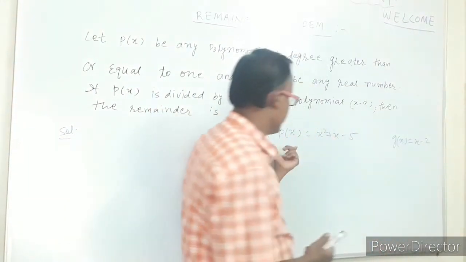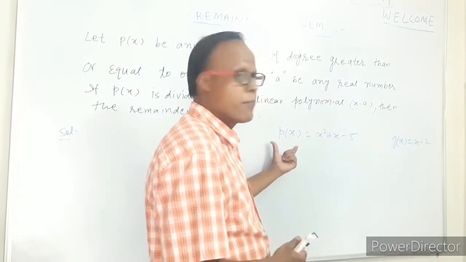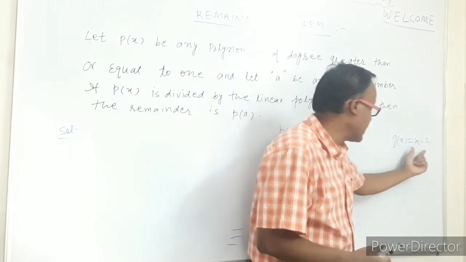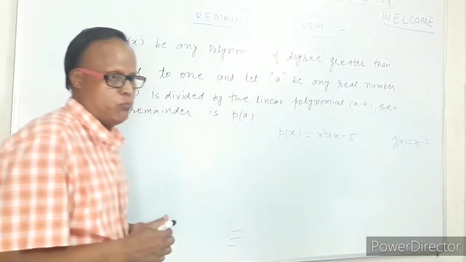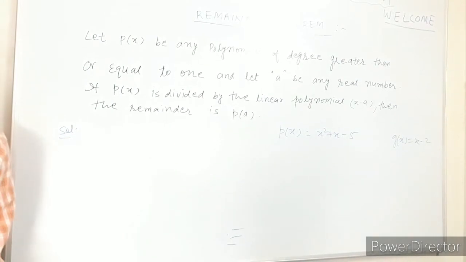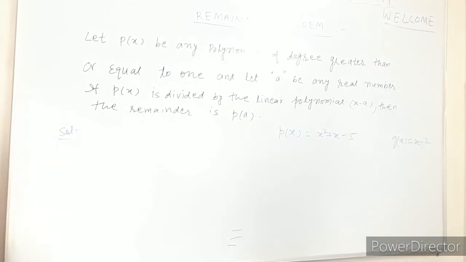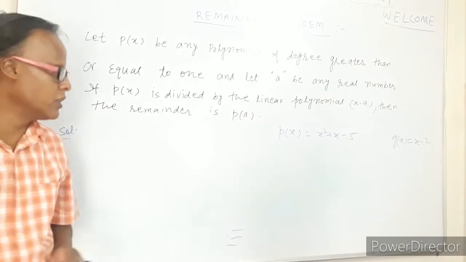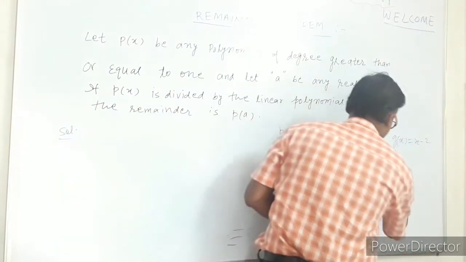Then note down next line. Now if Px is divided by x minus 2, then the zero of x minus 2 is x equal to 2.